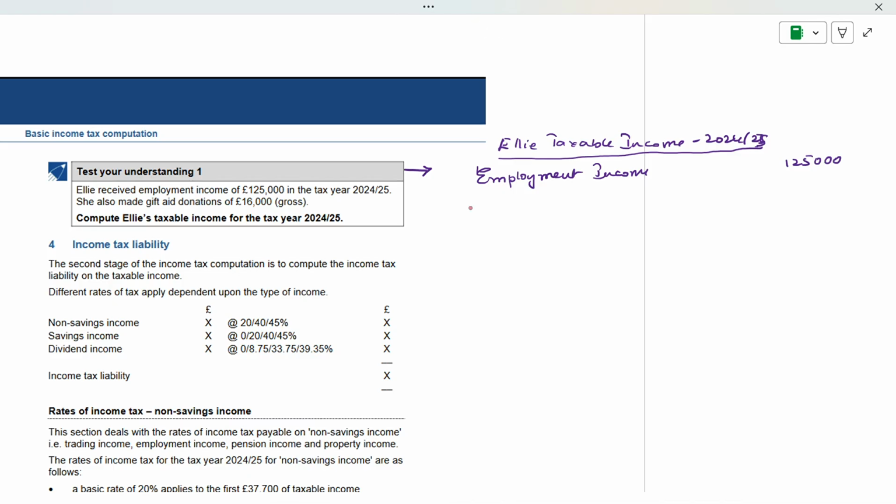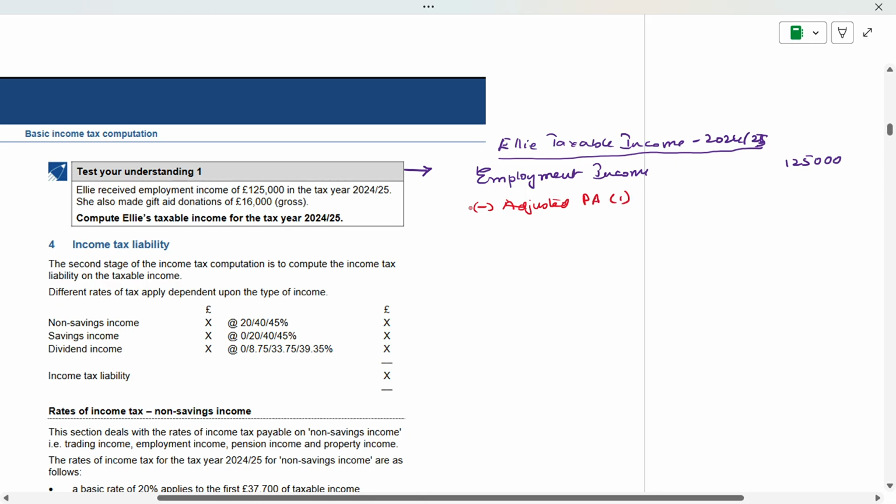What you have to do now? You are not going to have the full personal allowance. You will have the adjusted personal allowance. Put it as working one.